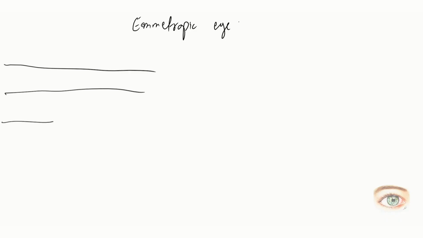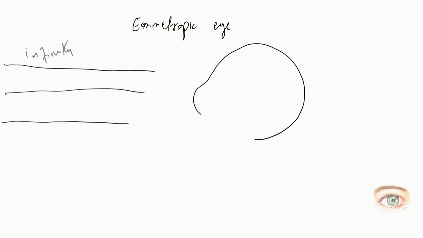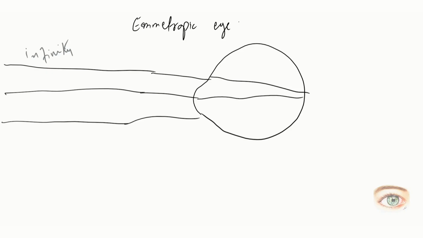Now recall the definition of an emmetropic eye: parallel rays of light coming from infinity are going to focus on the retina, with accommodation being at rest.